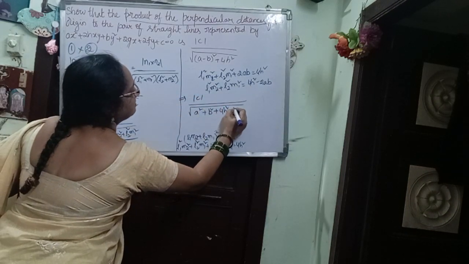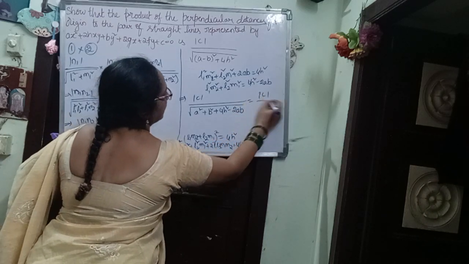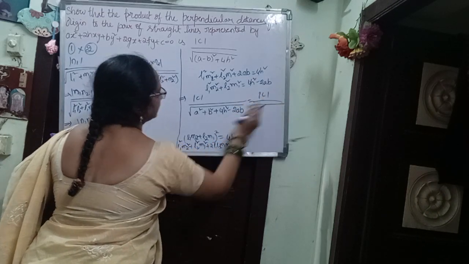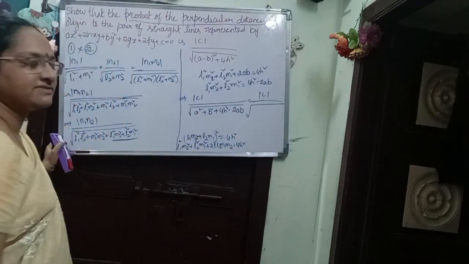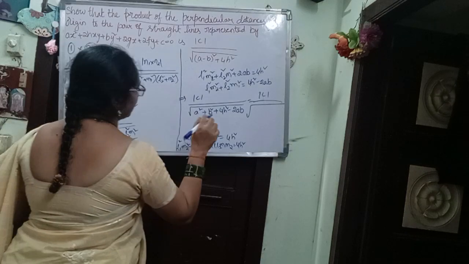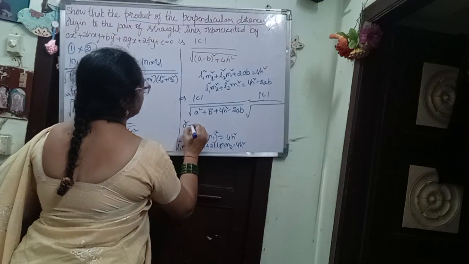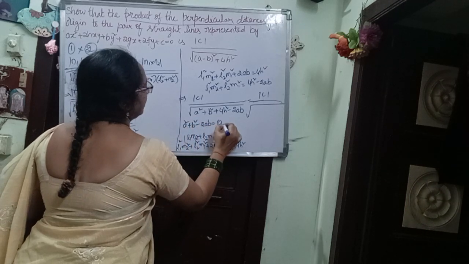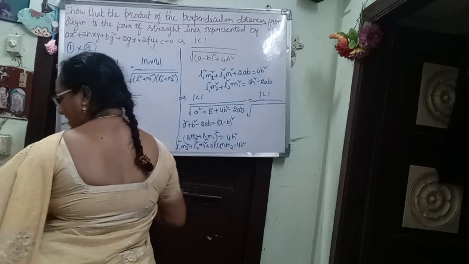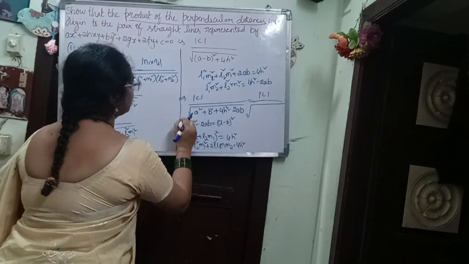Which equals mod C by root of A square plus B square minus 2AB plus 4h square. A square plus B square minus 2AB equals A minus B whole square, right? This is the formula we are using here.